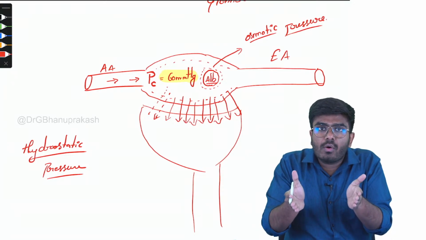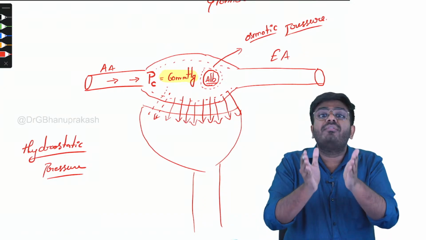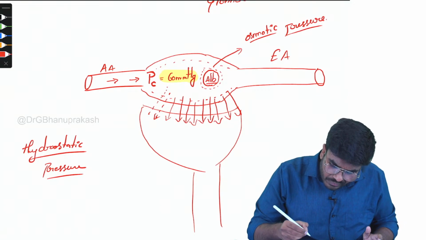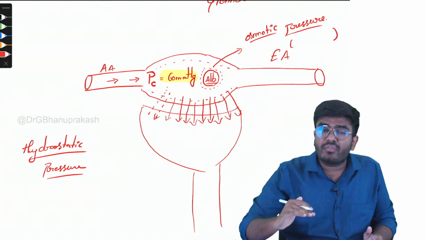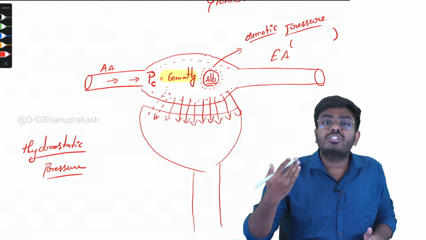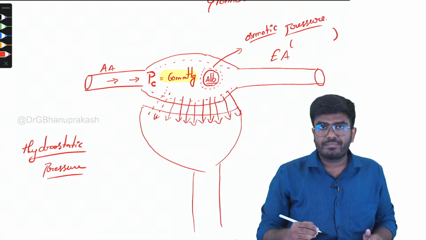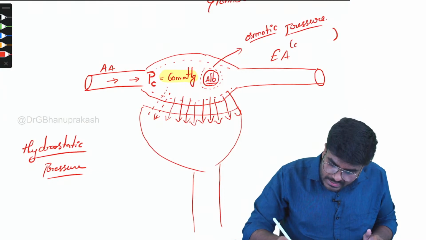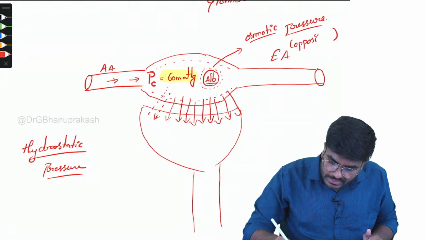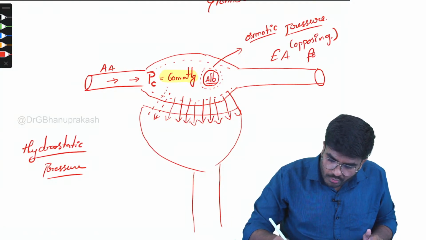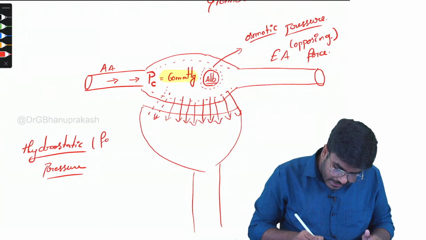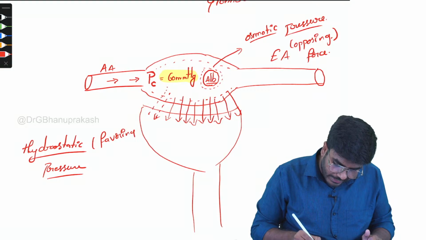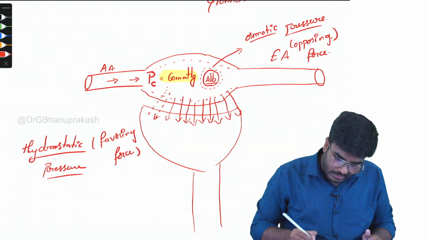Osmotic pressure wants to keep the plasma within the blood vessel. So, tell me, is osmotic pressure a favoring force for glomerular filtration or is it against glomerular filtration? It is against. So, it is an opposing force, okay? But hydrostatic pressure is a favoring force.